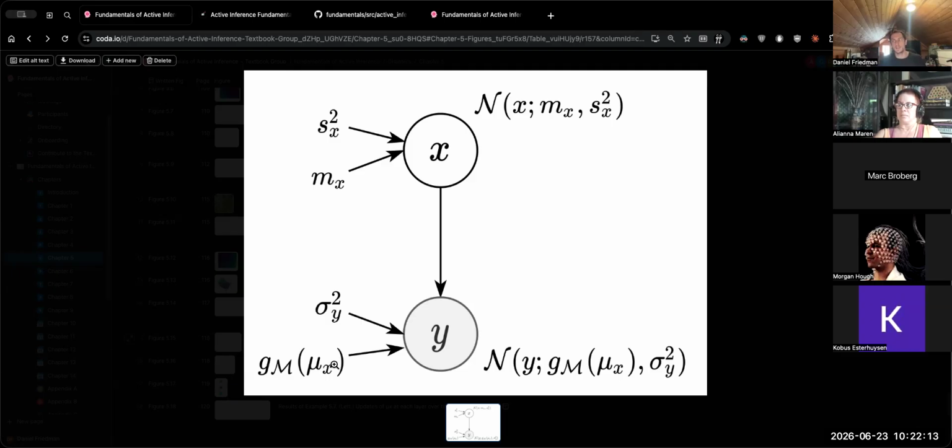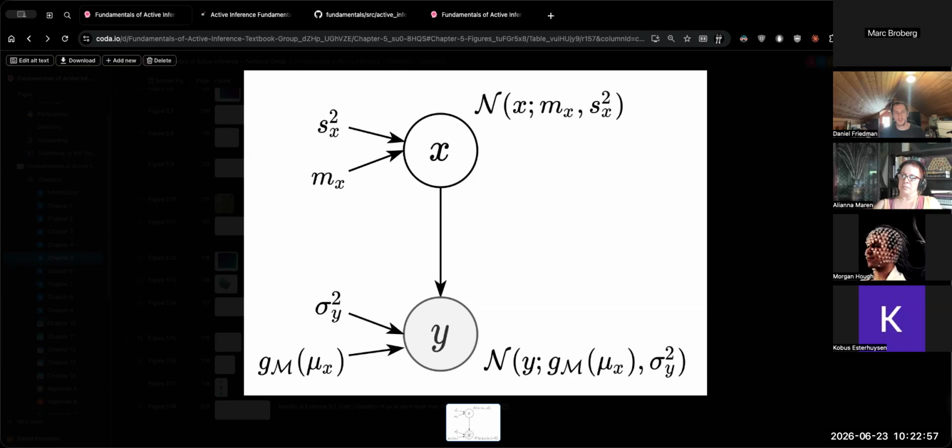So that is basically the mapping between latent state point estimates of central tendency and the emitted observation, and a sigma squared sub y, like observation noise, as parameterized. And then observations are going to be parameterized by another normal distribution that's going to give us y observations according to the g sub m of mu of x central tendency with sigma squared sub y variance.